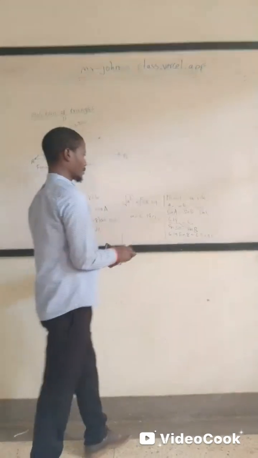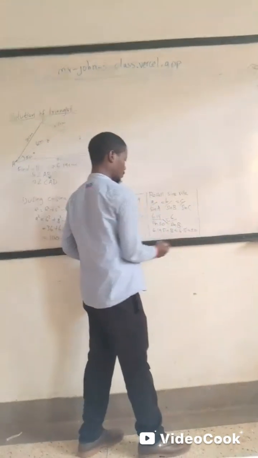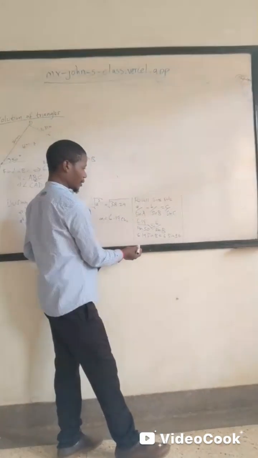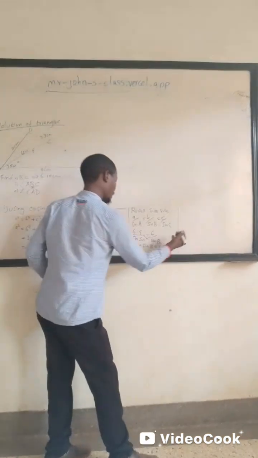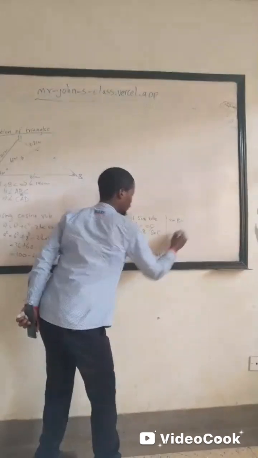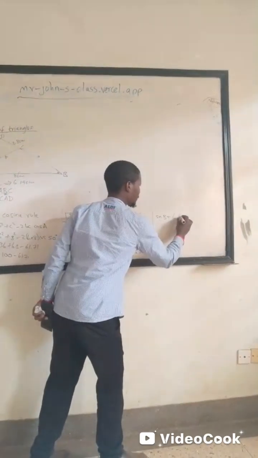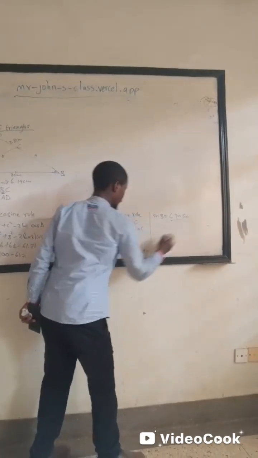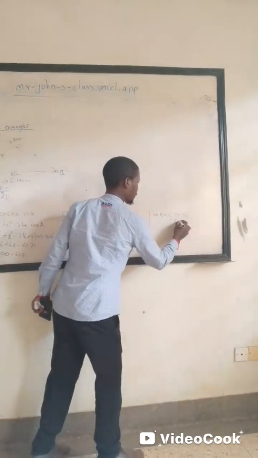From there, we can move on to the next step. So sine B should be equivalent to 6 sine 50 divided by 6.19.